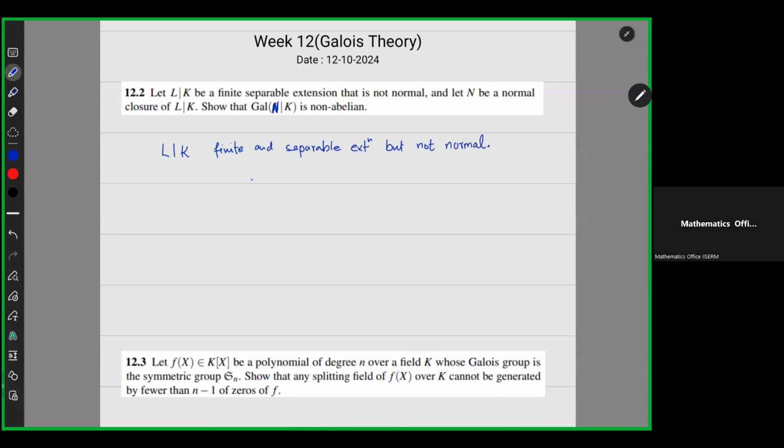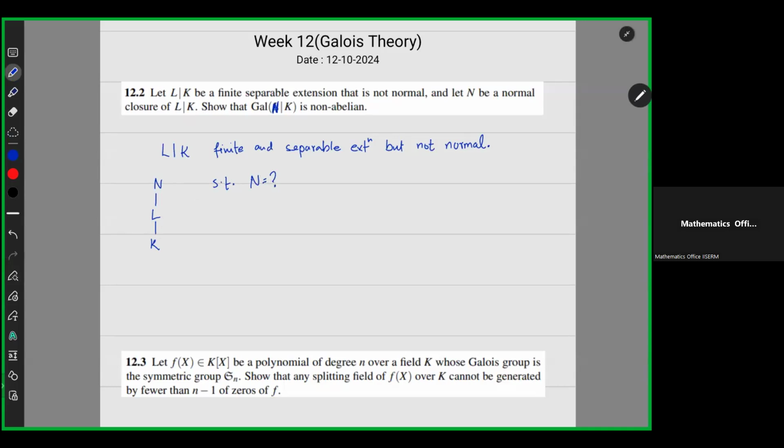So now we take a field extension N over L over K such that N is the normal closure. It is a finite separable field extension. So first of all, what is N? Here we have a question mark for the time being.